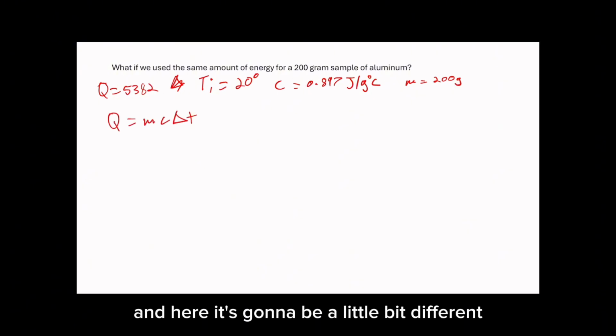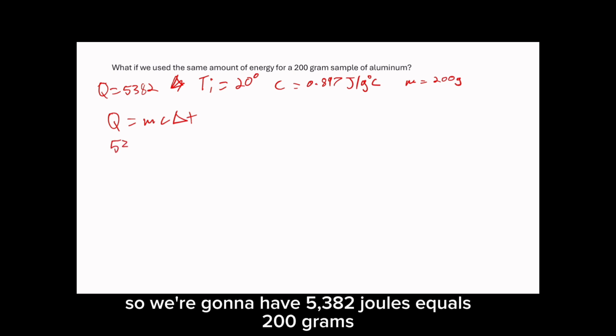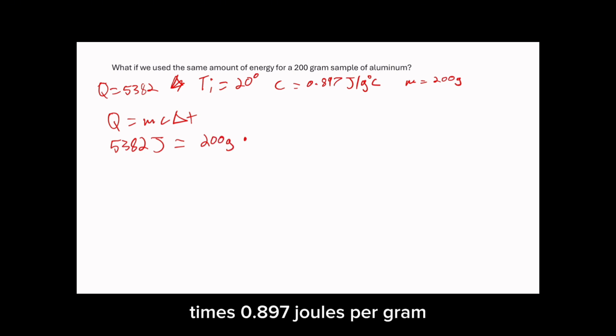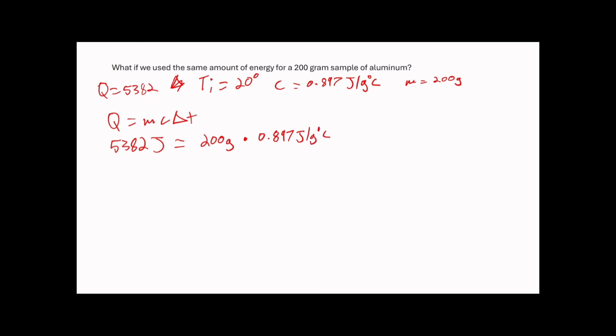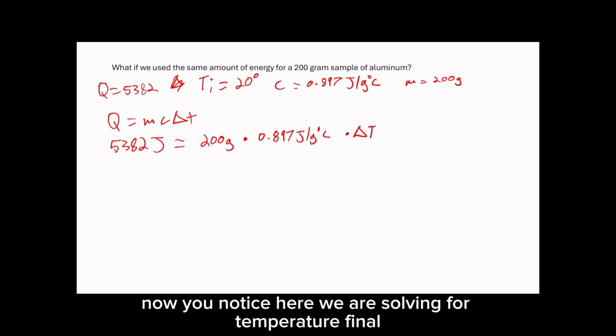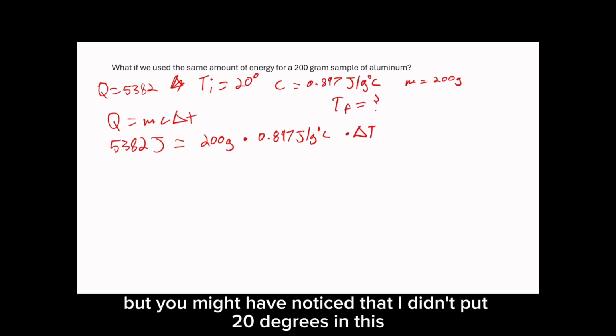And here it's going to be a little bit different. So we're going to have 5,382 joules equals 200 grams times 0.897 joule per gram degree Celsius times delta T. Now you notice here we are solving for temperature final, but you might have noticed that I didn't put 20 degrees in this.